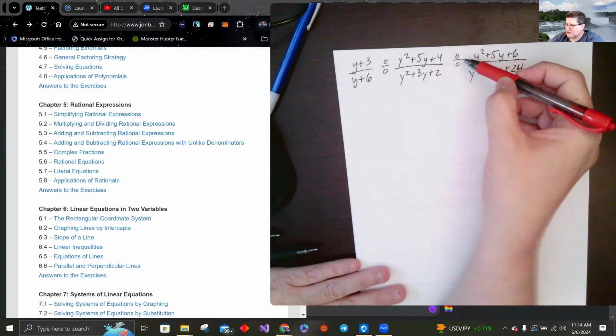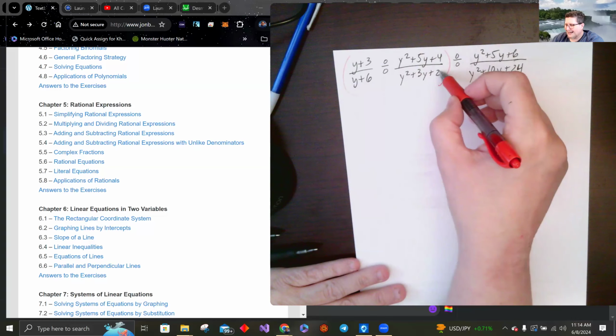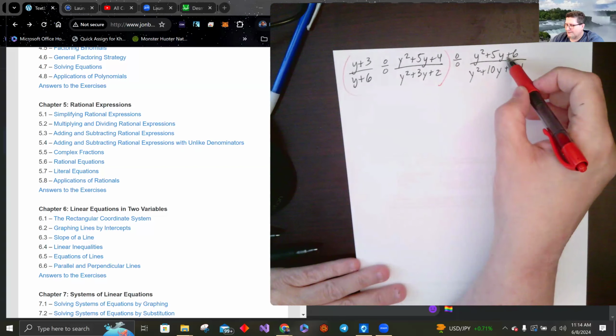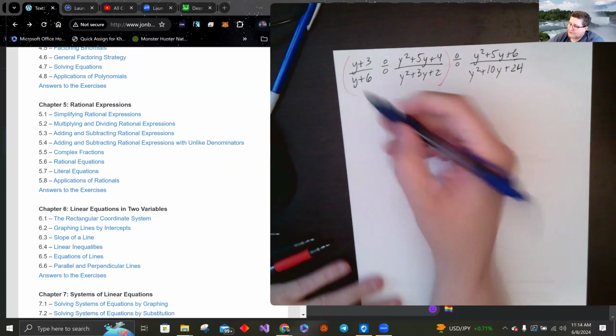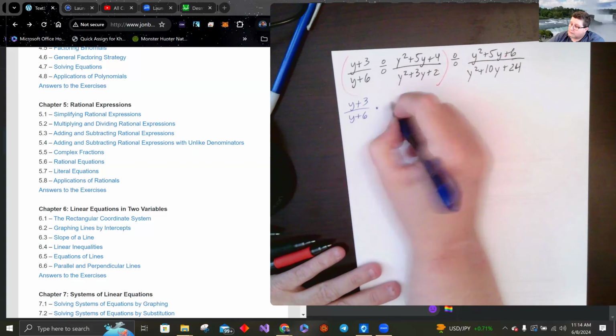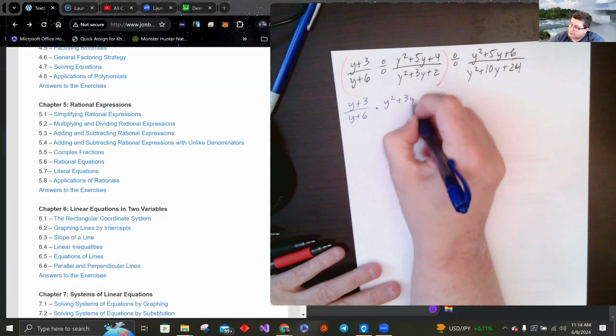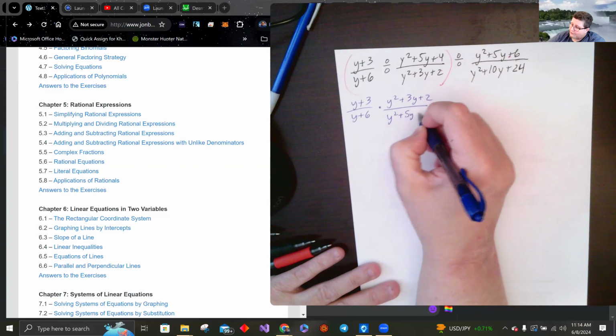So having two divisions, remember we go left to right. So we're dividing this, we'll have an answer, then we would divide this. It ends up turning out that both of those just flip. So I'm flipping the second and third fraction.